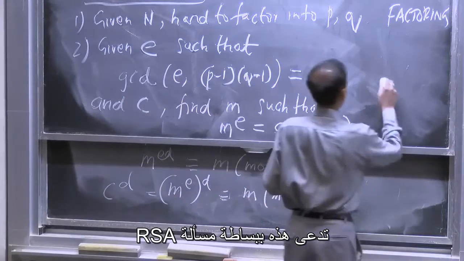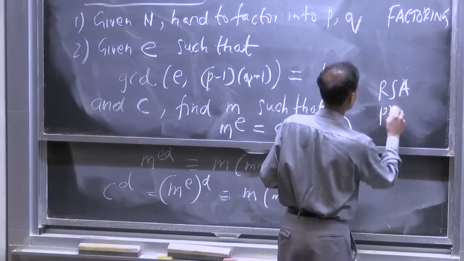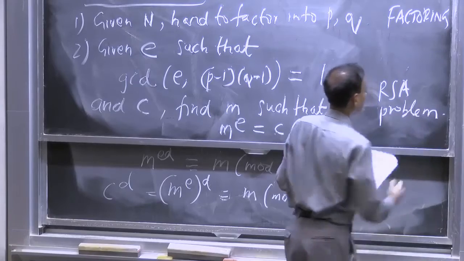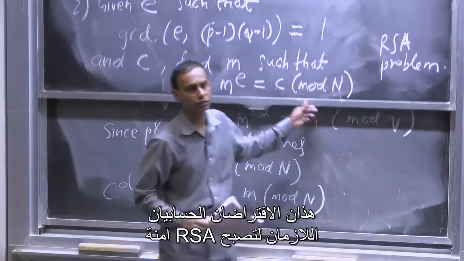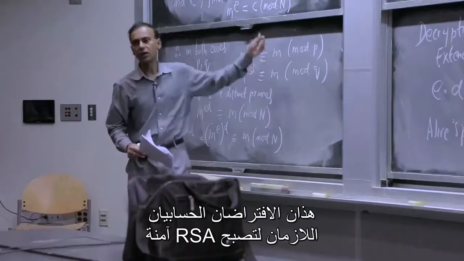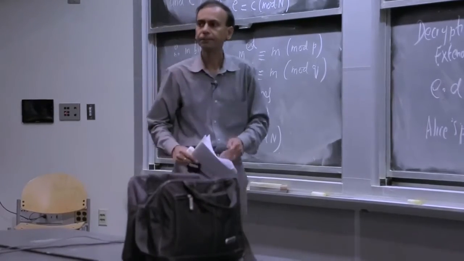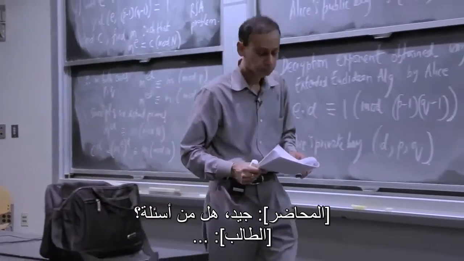So this is simply called the RSA problem. So those are the two computational assumptions that you need to make in order for RSA to be secure. All right? Cool. Any questions?